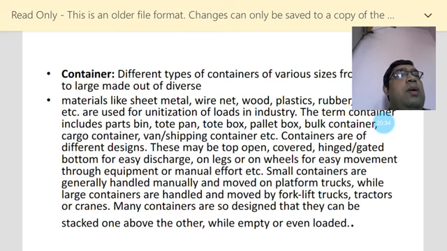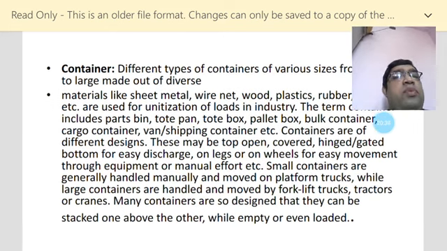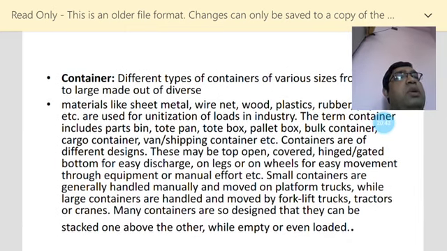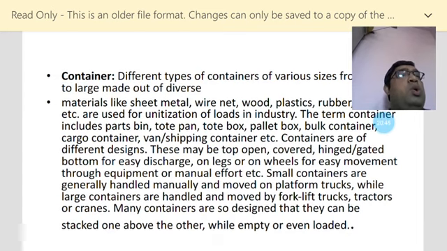At these times you use shipping containers, and containers have different designs, and the design is much more essential when you transfer your materials.